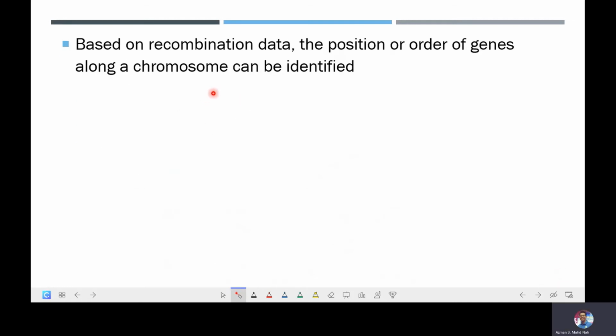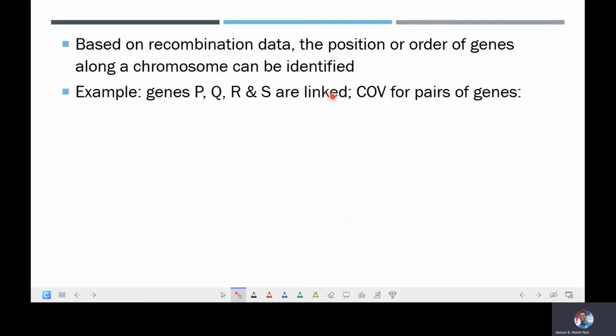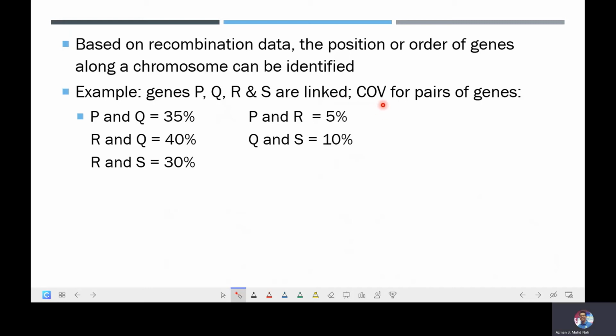Based on the recombination data, the position or order of the genes along a chromosome can also be identified. For example, let's say there are these genes P, Q, R, and S, and all the genes are linked on one same chromosome. We might get the value of COV.